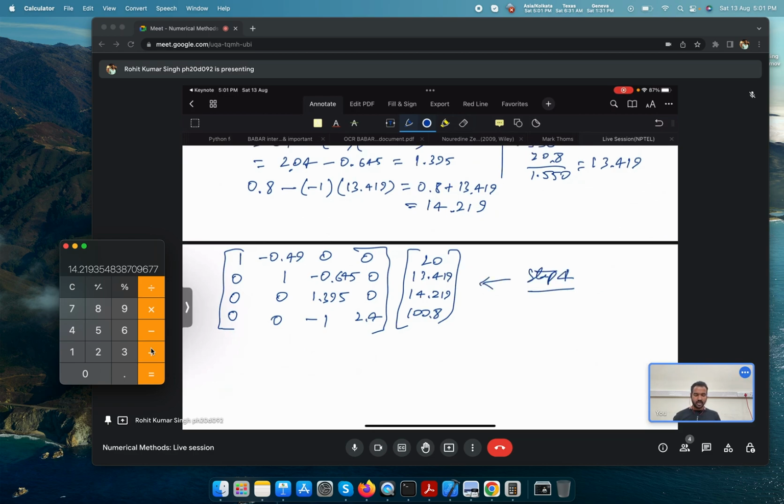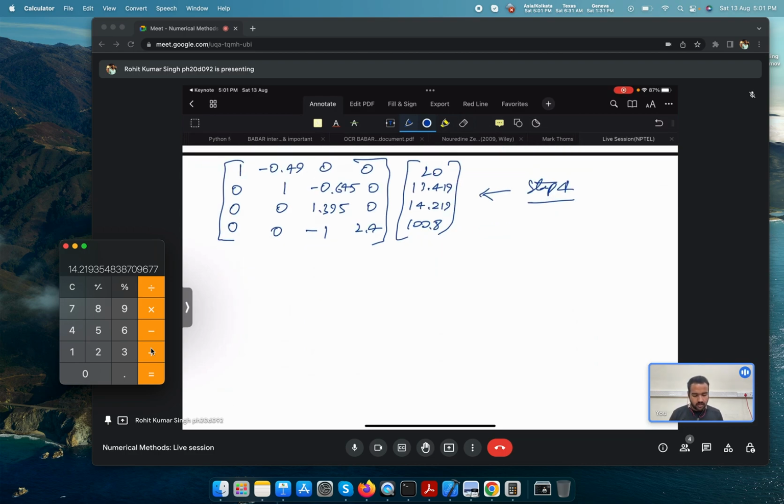Okay, now we have to perform another set of 2 steps, step 5 and step 6. In step 5 you just change 2 to 3 from the previous step, and in step 6 you just change 3 to 4.